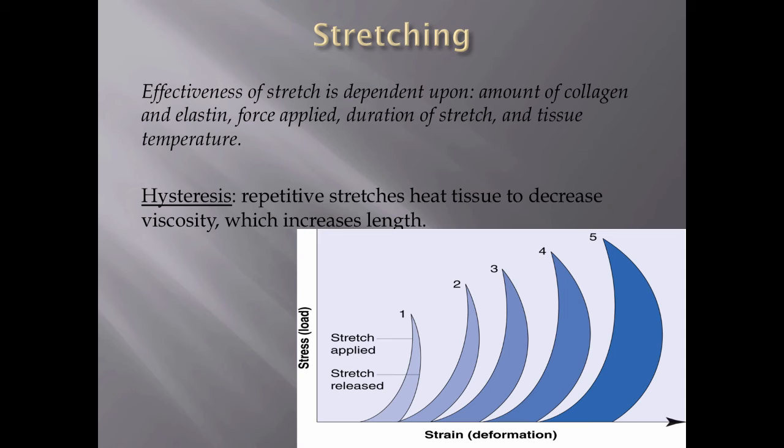So the next stretch, you have a new starting point. The stress or the load is able to be increased. And then once that stretch is relaxed, it goes back again to a new starting point, doesn't go back to where it was previously. And with each subsequent stretch, you get greater deformation. So you're able to increase the stress over time, which increases the deformation or the strain over time.